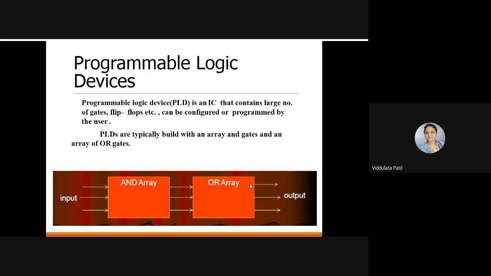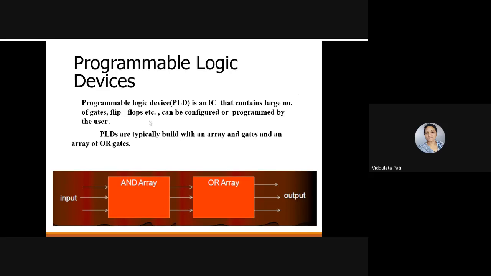In short, programmable logic devices perform SOP operation, that is, sum of product form functions can be programmed using them.